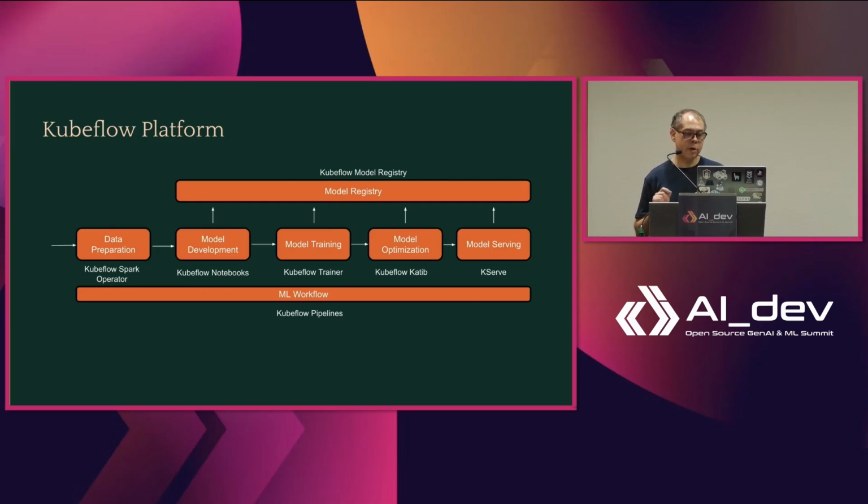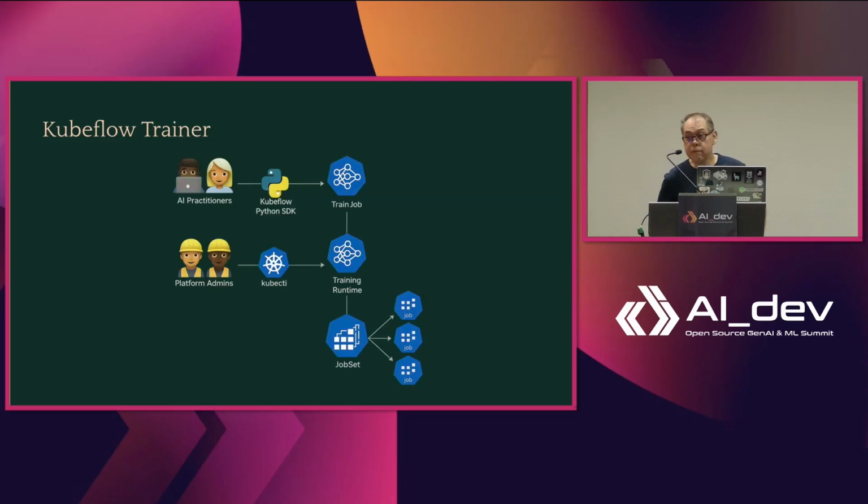It also has a model optimization component called Katib, for AutoML, and for serving, it uses KServe. But this is Kubeflow specifically; you can swap some of these pieces if you like. For example, for serving, you can use things like vLLM, which is a very popular project now too. Kubeflow also has a mechanism to tie all these different steps together, called Kubeflow Pipelines.